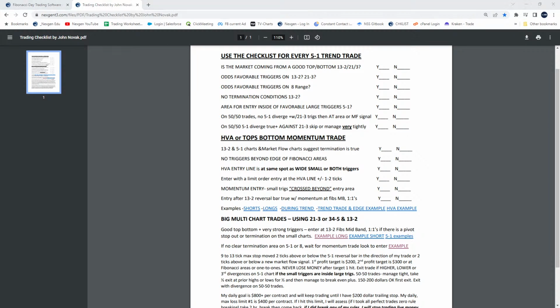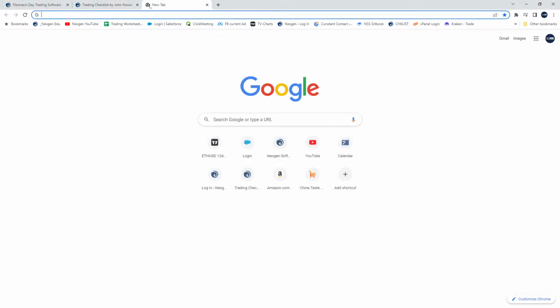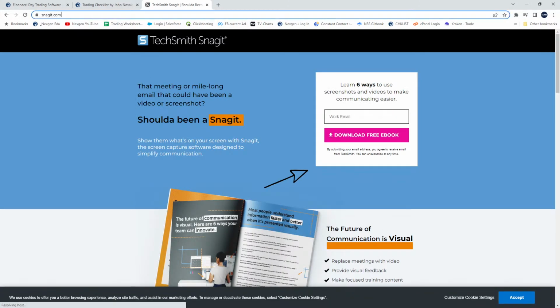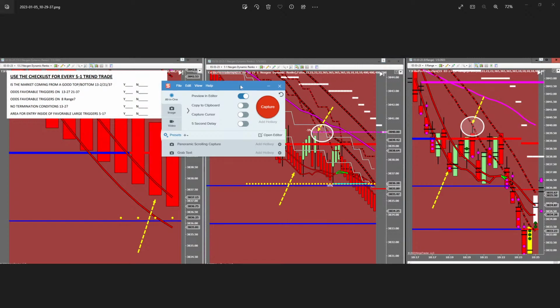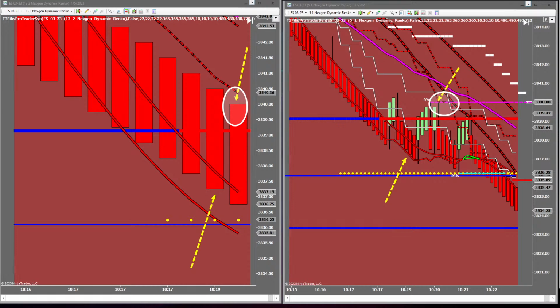Claire, I use Snagit. They have a free trial of it, but this is really beneficial. Snagit is the same company as the free one that we gave you. What it does is it allows you to take a picture.